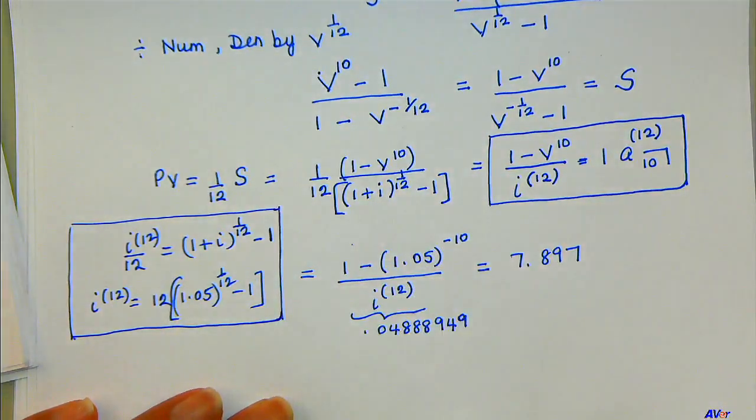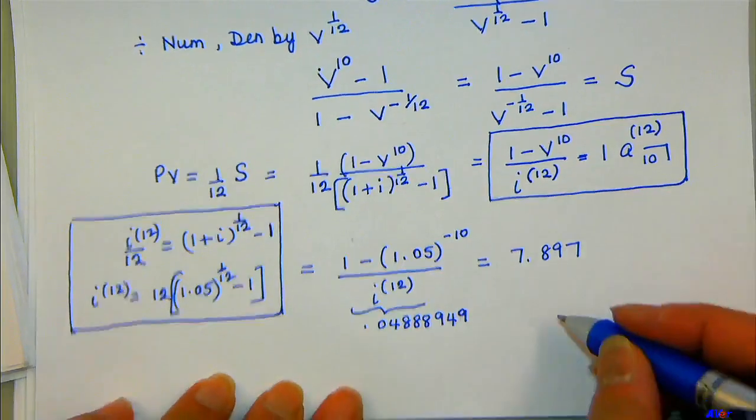So this is your other option if you don't want to find the monthly rate and use the monthly rate, 120 payments. When you're calculating the V to 10, that's with the normal I? Everything is with the normal I. The only difference is the denominator.